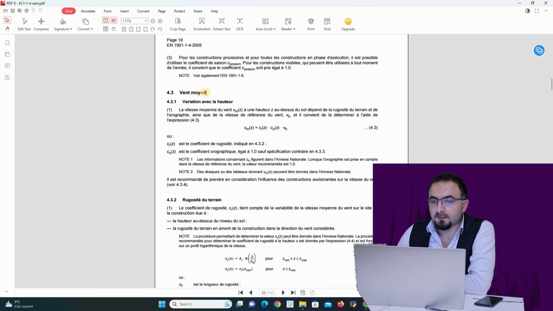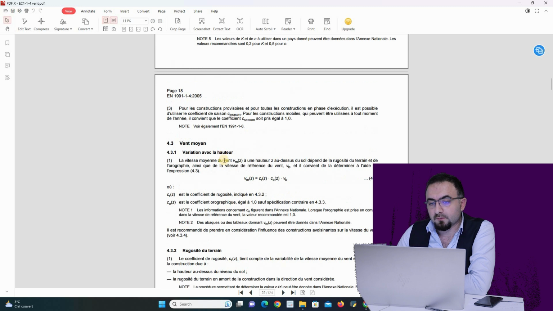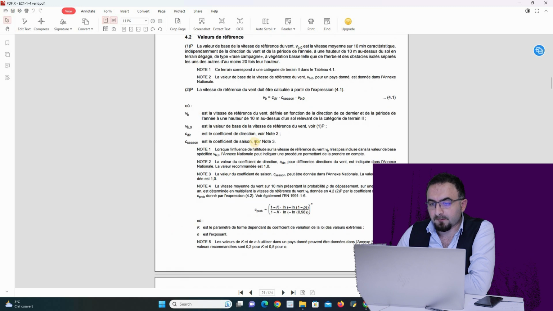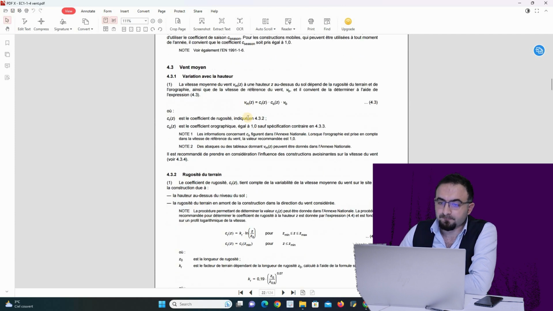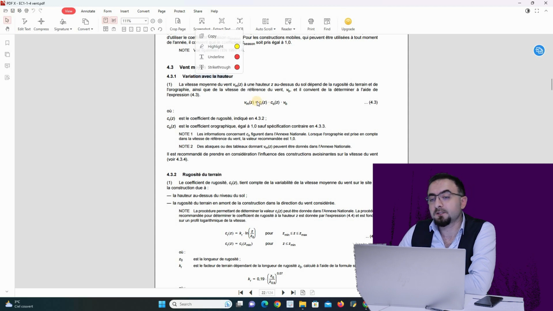So the mean wind depends on many factors. It depends on the height of the building, and the height of the building depends on many factors too.